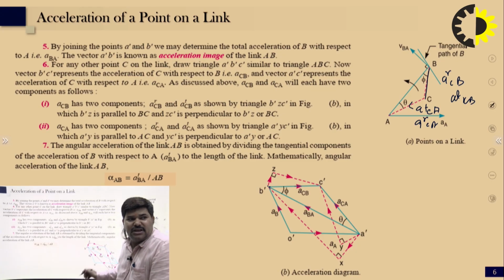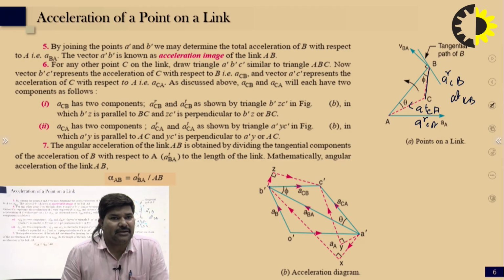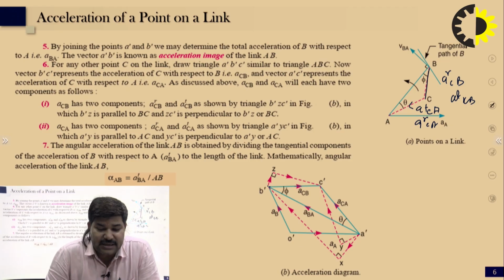So you can draw this and measure all the values, and for any extra link given, you can calculate in the same ratio and find it out, right?